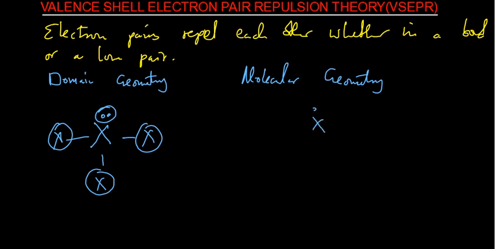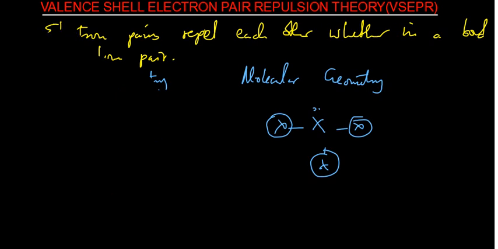But if you come to the molecular geometry, you are only considering the atoms, without considering the lone pair of electrons. So that is how we are going to name structures with the domain geometry and also molecular geometry using the VSEPR model.